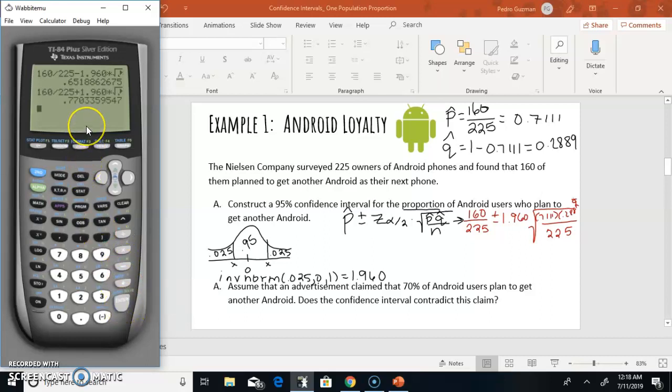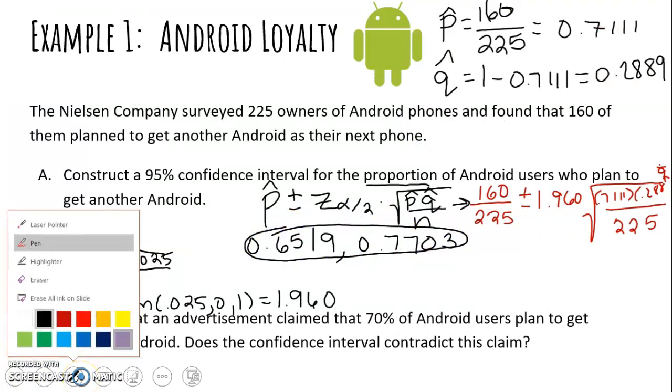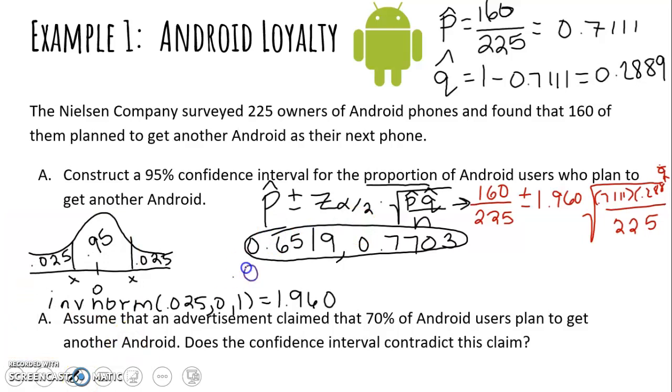And this time we get 0.7703 if you round. Okay, we got 0.6519 to 0.7703.